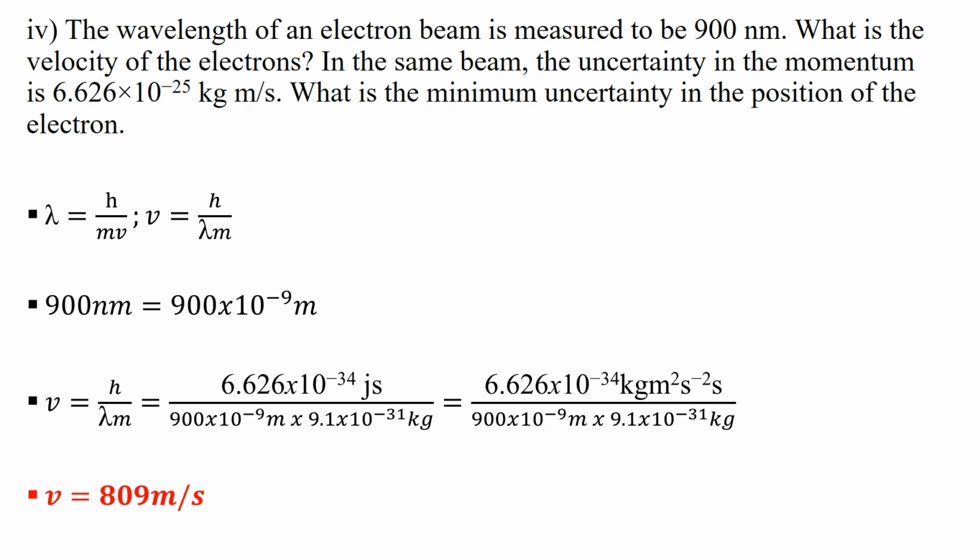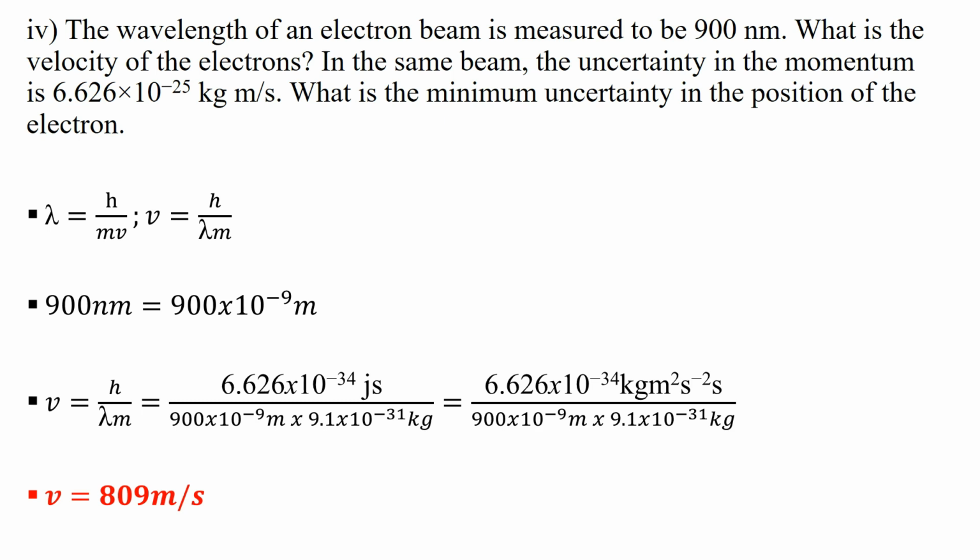The next sub-question is asking what is the velocity of an electron, and we have the wavelength of an electron beam, which is measured to be 900 nanometer. They are telling us that in the same beam the uncertainty in momentum is this one, and then they are asking what is the minimum uncertainty in position of the electron. First, they are asking what is the velocity of the electron.